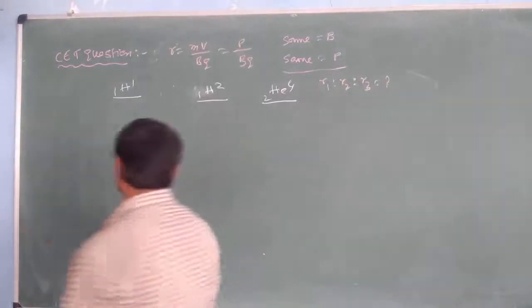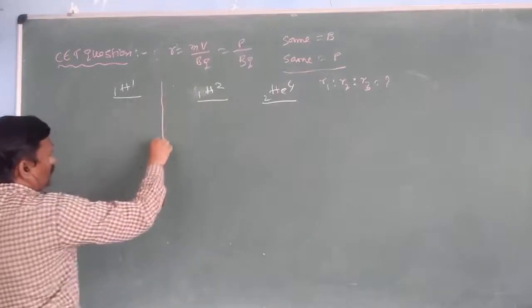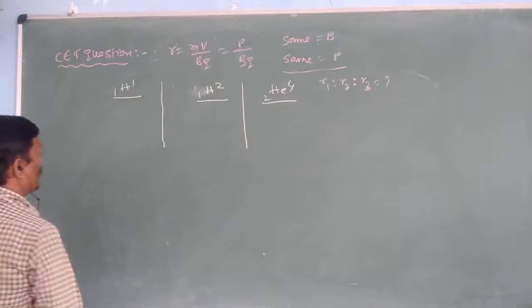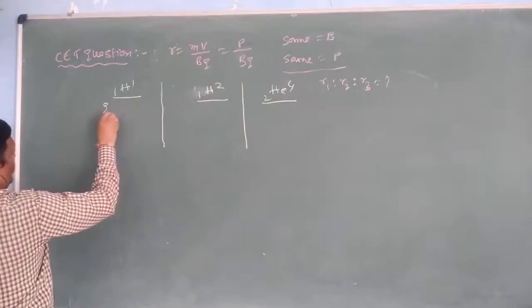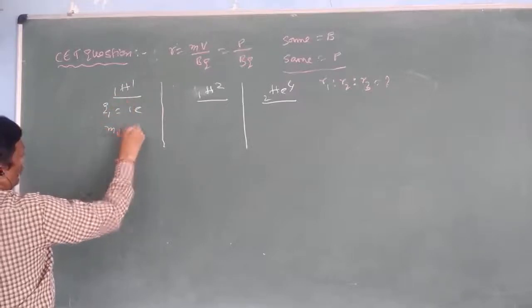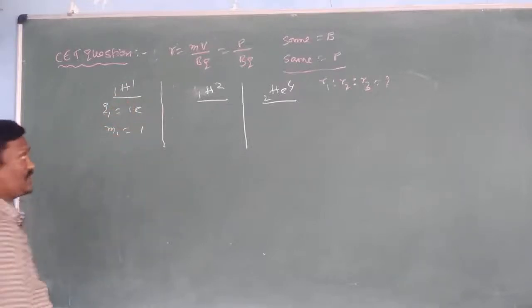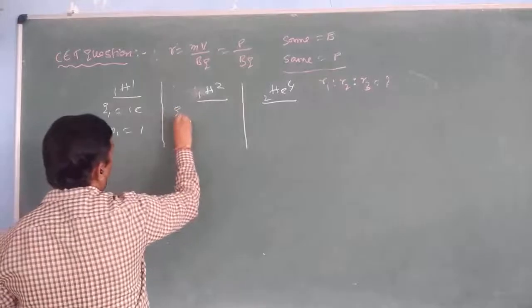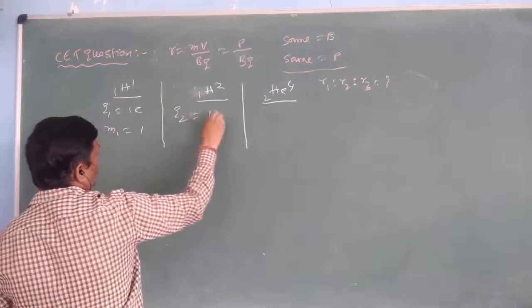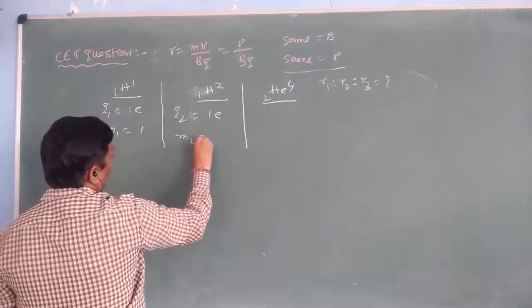Again the same data, three charged particles. The first charged particle is proton. We know the charge of proton is 1e, and the mass of proton is 1. Second, the charge of deuterium is 1e, and the mass of deuterium is 2.